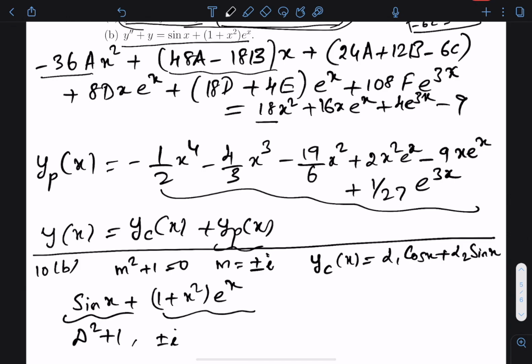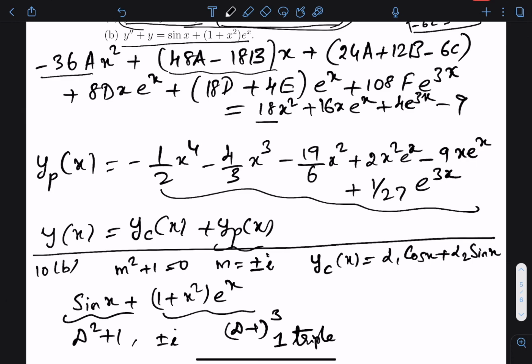Now for this, it's e power x, so (D minus 1) to the power of the degree 2 polynomial plus 1, so cube, and so the roots are 1, repeated three times. One is a triple root.